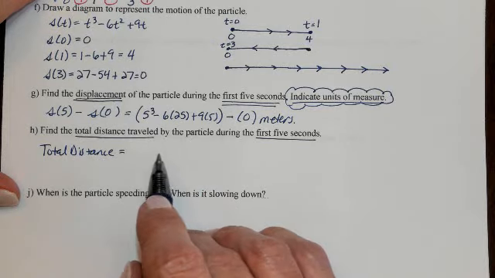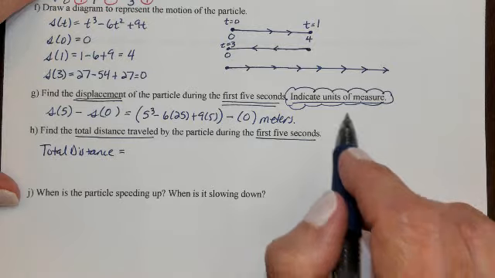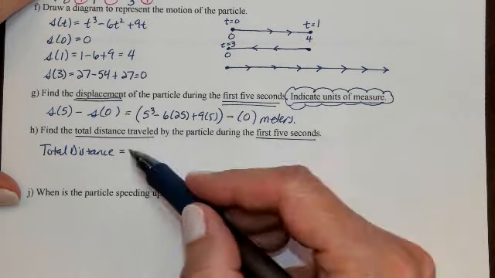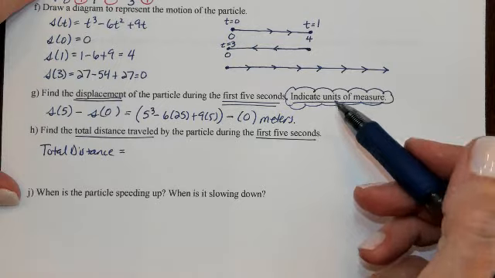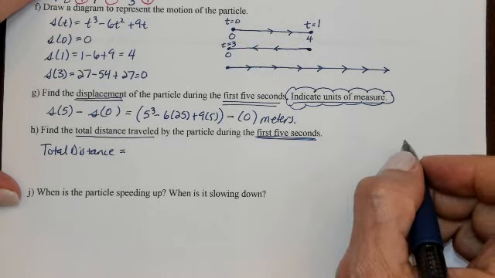But since I want you to be able to do this anytime, even when I don't ask you for a diagram, and I already told you I'm never going to ask you for the diagram, it might be good to know how to do this without a diagram. So first 5 seconds. So here's how to do that.